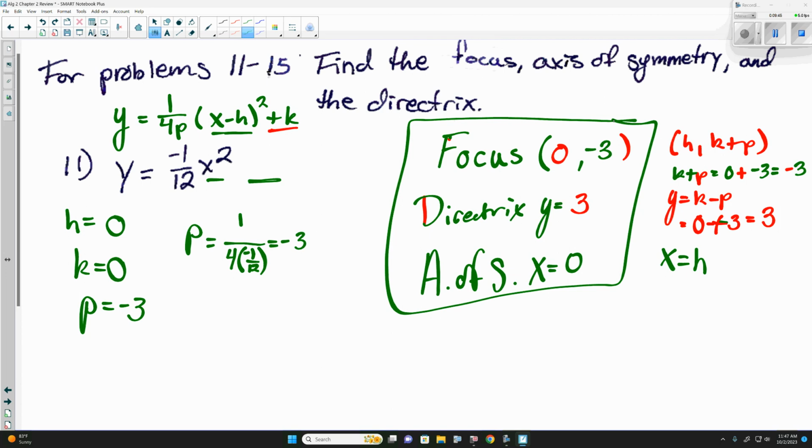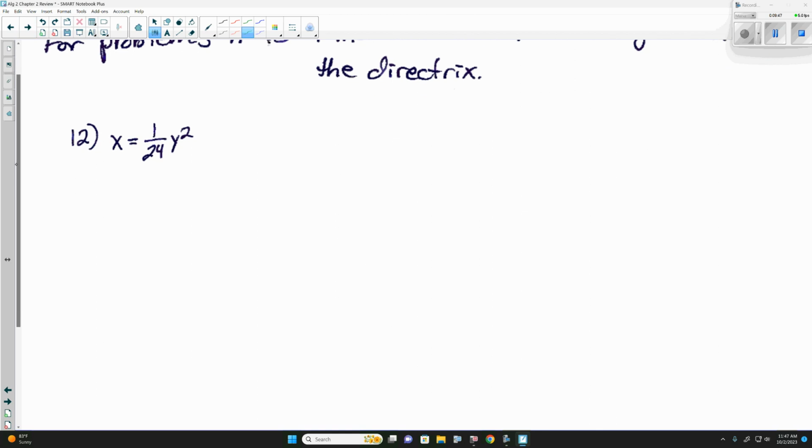Let's look at the next one. x equals 1/24 y squared. Now again, we'll match it up with the general form: x equals 1 over 4p times y minus k squared plus h.